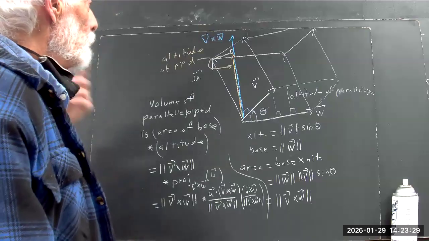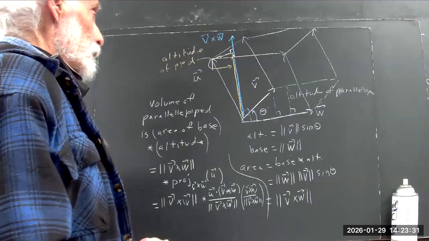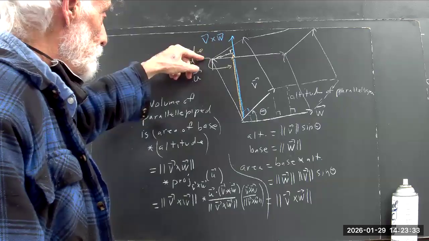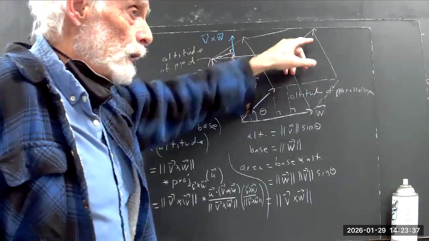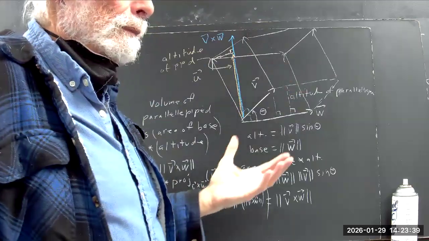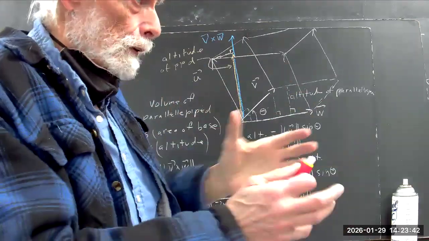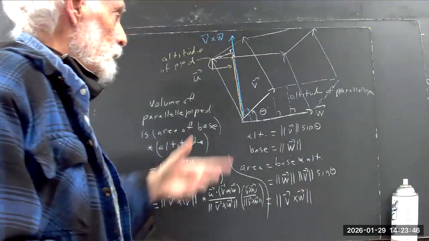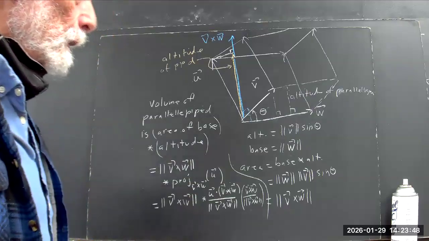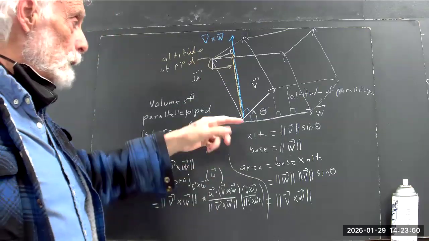Now we form a parallelepiped. How do we do that? We've got a vector u here. We slap that vector on each of these vertices, and we get a three-dimensional box. It's all skewed around. Nothing's necessarily perpendicular to anything. So we have a special name for something that's defined by three vectors.